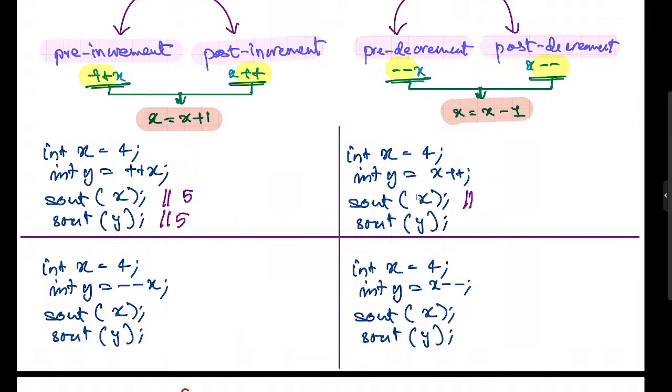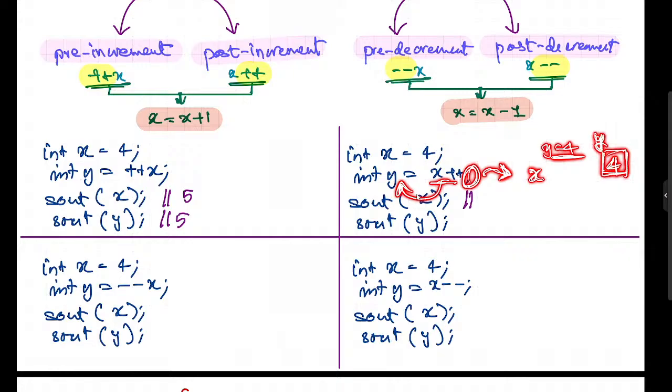The other example is x plus plus. Here you have to update after the semicolon. So x, whatever it is right now, will be assigned to y. So y is now 4. Y is in a box, 4 is in a box, and that name is known as y.